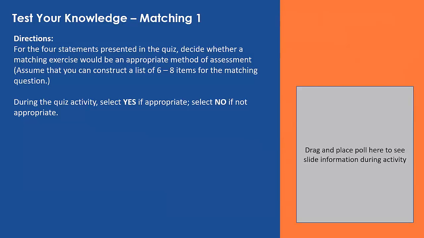The student will be able to differentiate between words that are spelled correctly and those that are spelled incorrectly. That is not a really good use of matching. Does anybody have anything they want to comment on why they chose what they did? Okay, number 3.